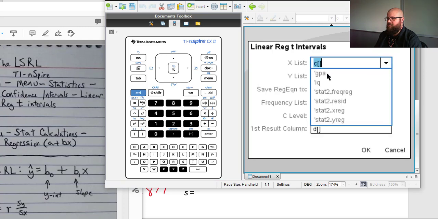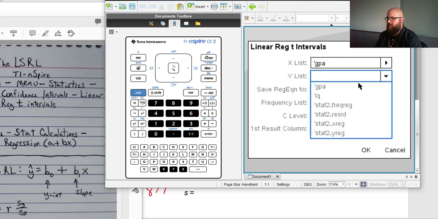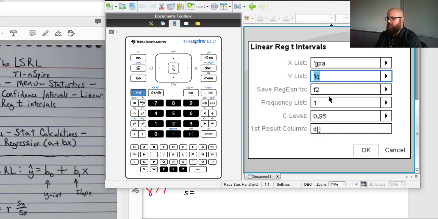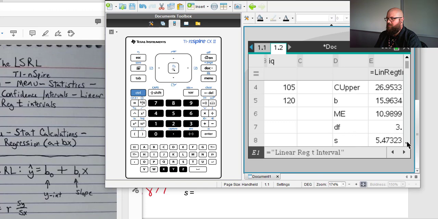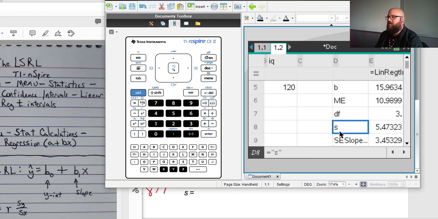Our X is our GPA, our Y is our IQ. Click OK, everything else should be fine. And here we get our value for a standard deviation of the residuals, which is 5.47.